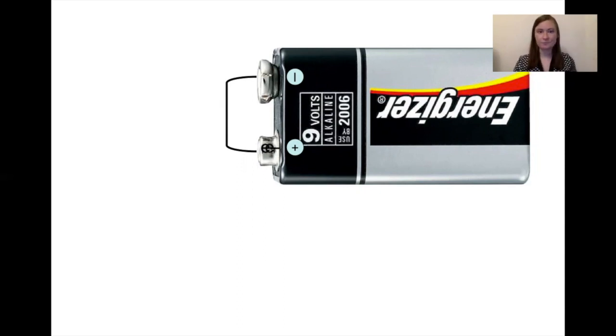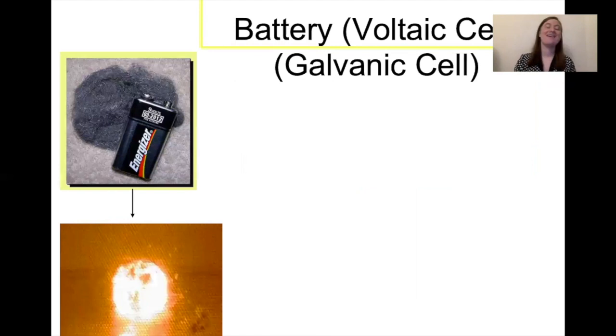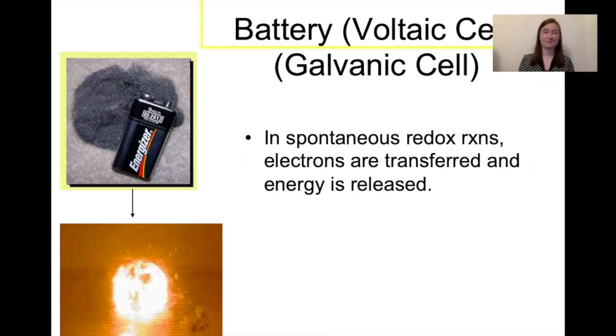And so the electrons are forced by the battery to move through a circuit and power whatever's attached to the battery. In order to do that, a battery has to use a redox reaction, right? In a spontaneous redox reaction, electrons are being transferred and energy is released. And so that's exactly what's going on in a battery, right? You've got a chemical reaction that is producing electrons and then absorbing electrons again.